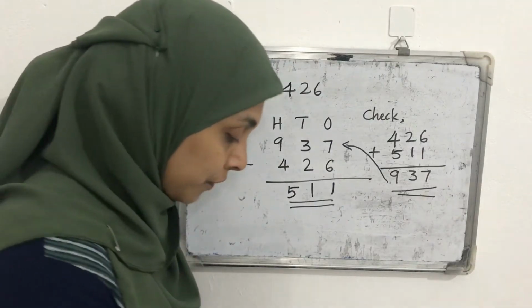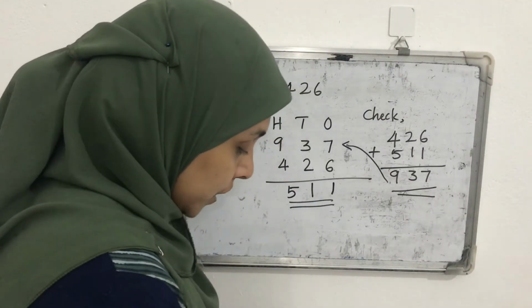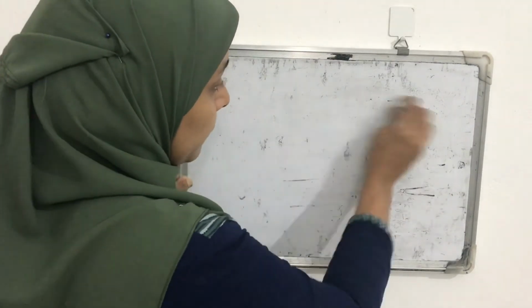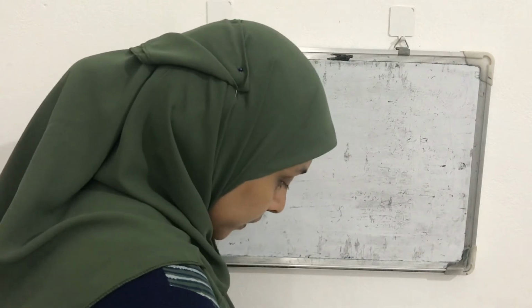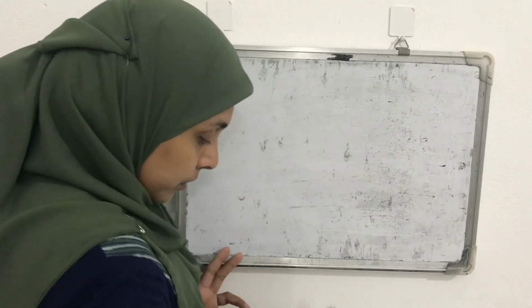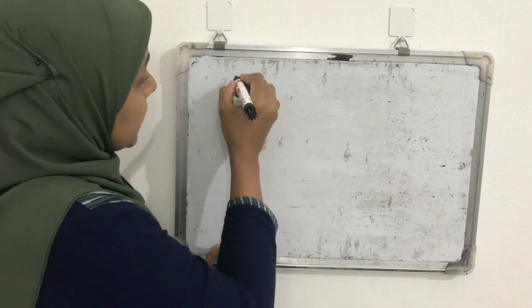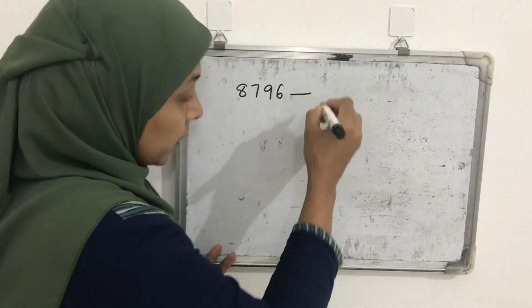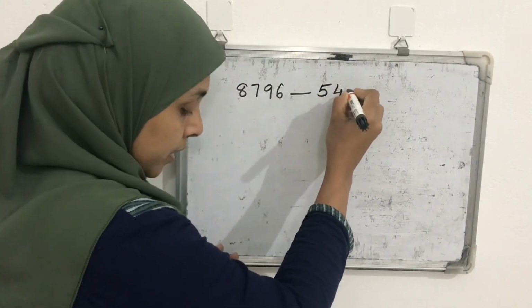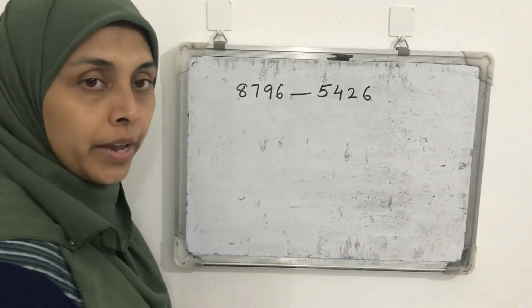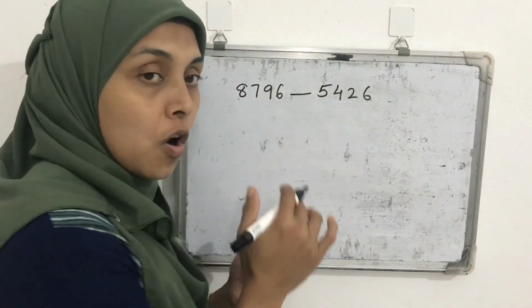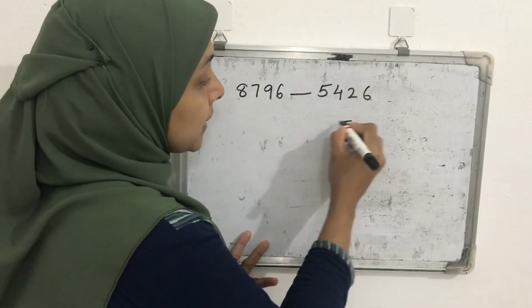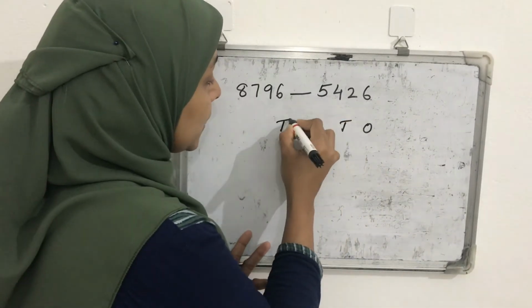Then one more question we can do with 4-digit numbers. Arrange in columns and subtract 8796 minus 5426. When we arrange these numbers in columns, we mark 4 places: ones, tens, hundreds, thousands.